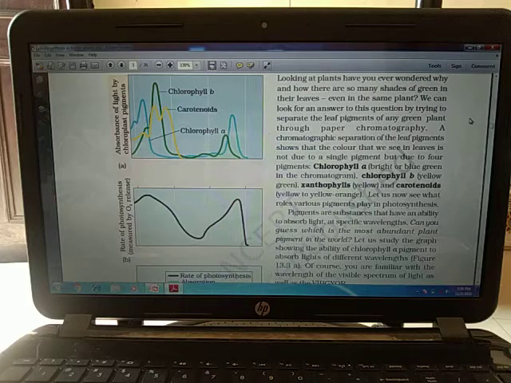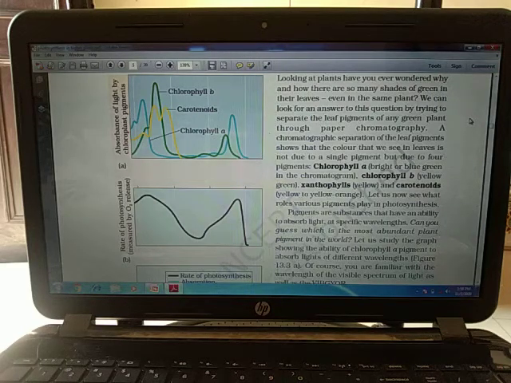The unquenched excited state of chlorophyll reacts with molecular oxygen and forms a highly damaging excited state of oxygen called singlet oxygen. Carotenoids prevent this by quenching the excited state of the chlorophyll.